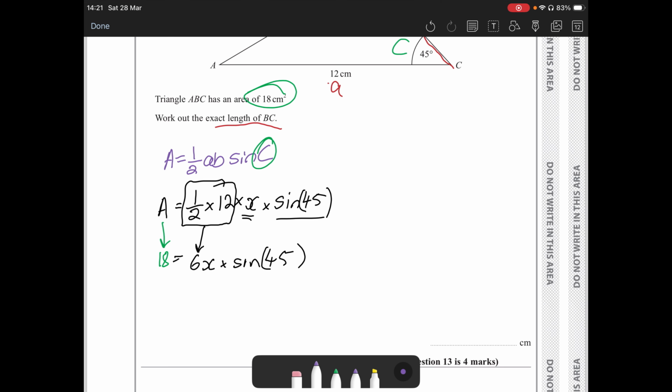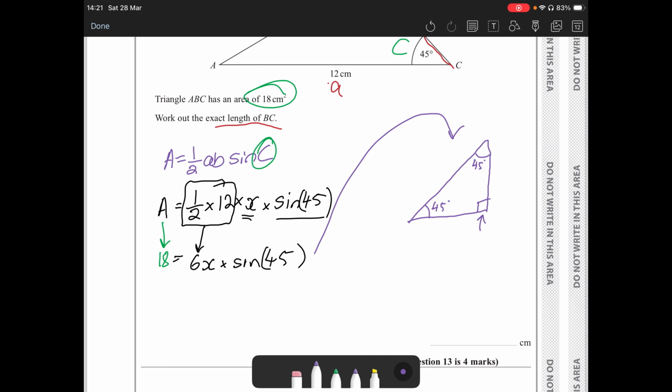If you don't, and you hate memorizing tables, I've got you. Imagine this: I want you to picture a right-angled triangle where it's isosceles. In an isosceles triangle, if one of the angles is 90, the other two have to be 45.